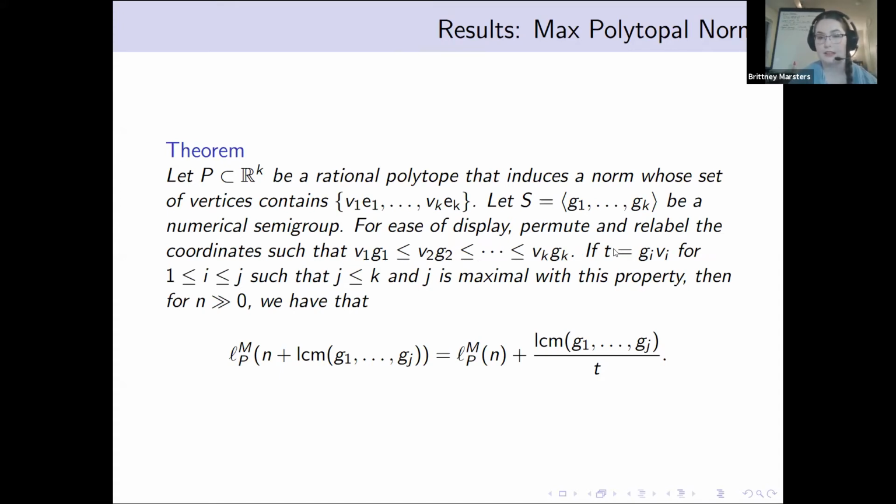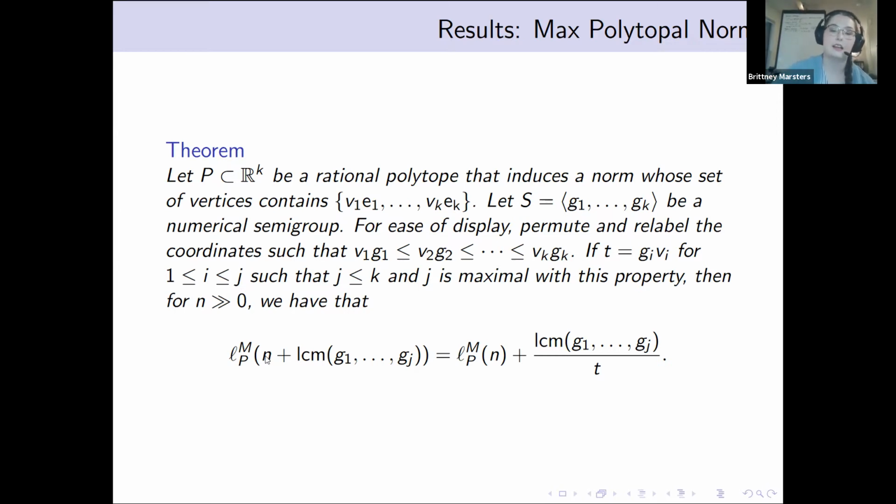So this condition here is telling us when we dilate a numerical semigroup polytope, where does it agree with the vertices of the polytope that induces a norm? So this condition, i from 1 to j, is just taking the subset of those coordinates that agree with the numerical semigroup polytope. Then we get this nice, eventually quasi-linear relationship.